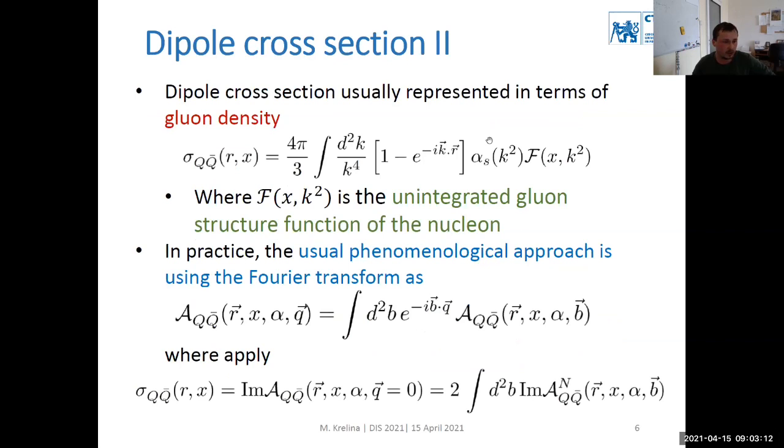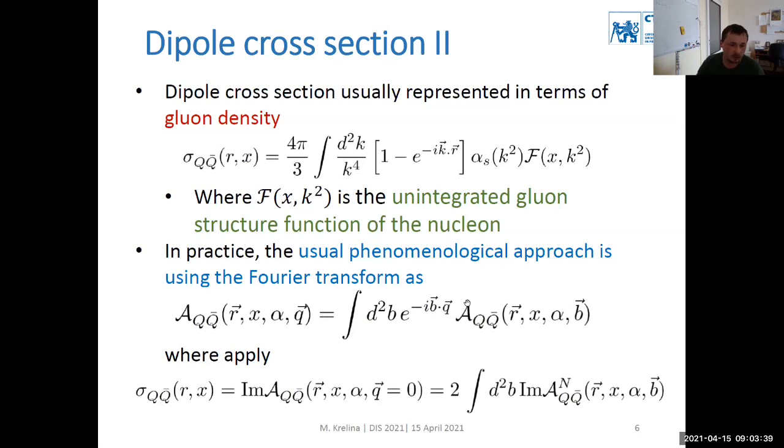The basic idea is that the dipole cross sections consist of some unintegrated gluon structure function, which is a function of Bjorken x and some momentum. The most common phenomenological approach is to use a Fourier transform. It means that from the transfer momentum you go to the impact parameter space.